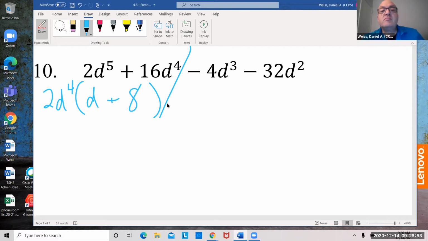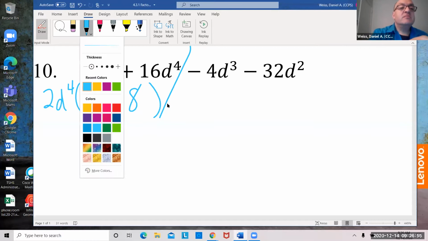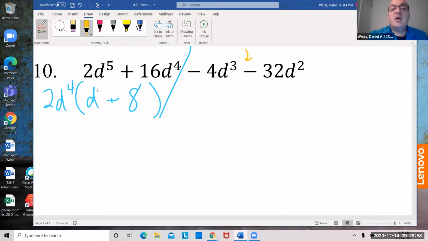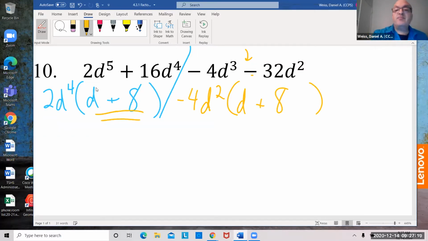Over here, what's common? 4 and 2 D's. I'm going to take out negative 4 and D squared. What's left? D, since I took out negative, it's going to be plus 8. Once again, common: D plus 8.